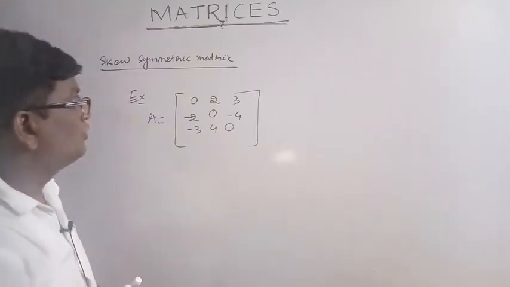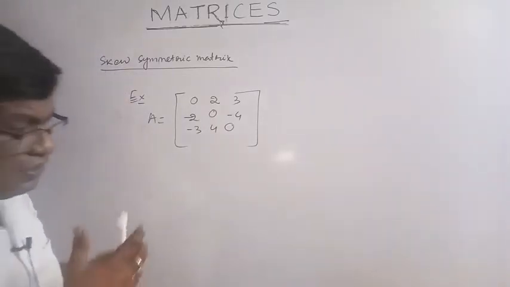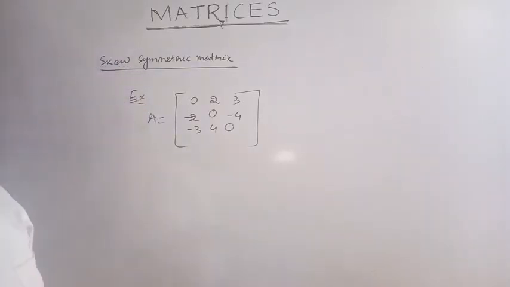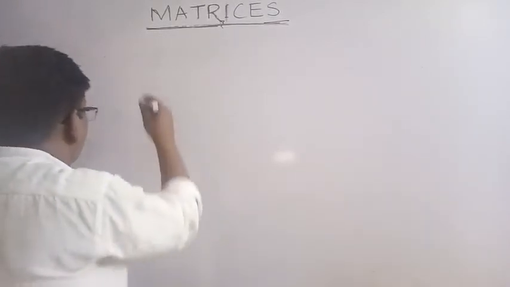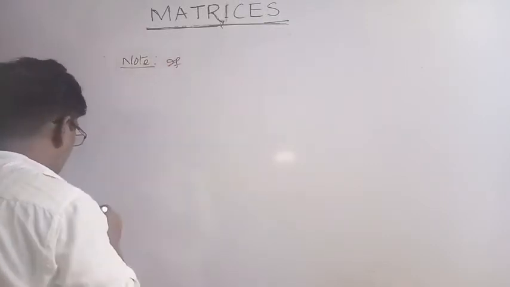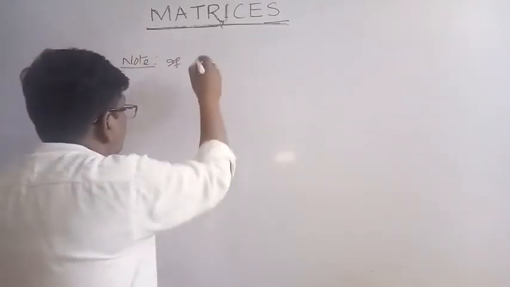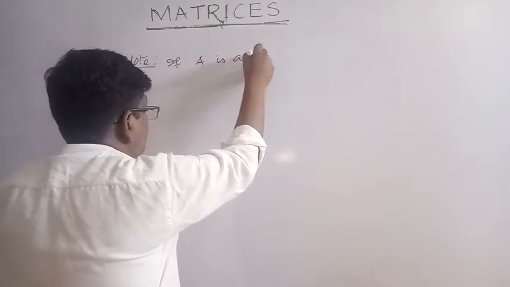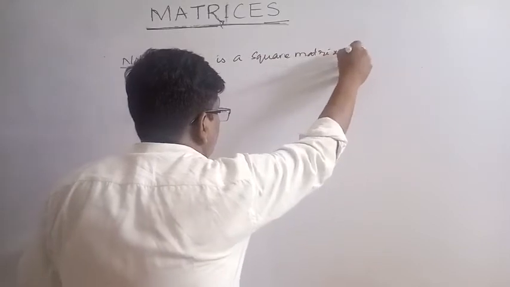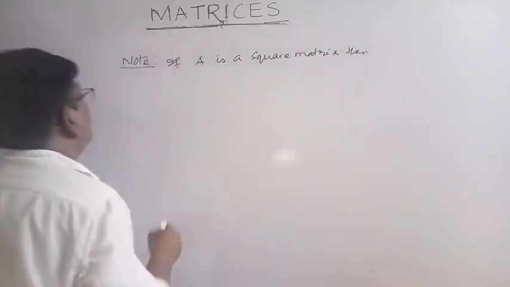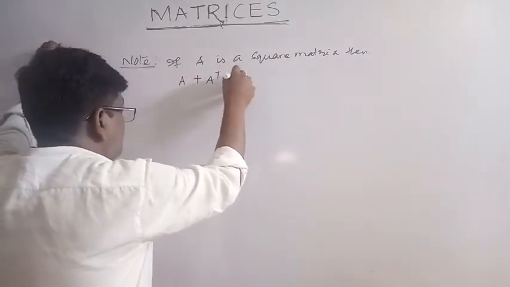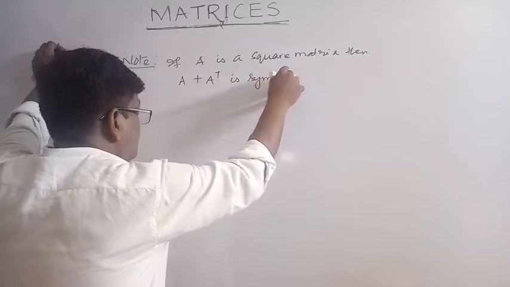Now some concepts or some theorems based on symmetric and skew symmetric matrix. Notes: if A is a square matrix, then A plus A transpose is a symmetric matrix.